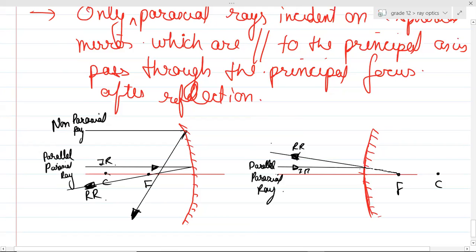What about the non-paraxial rays? Can anyone tell me what will happen to the non-paraxial rays? They will not appear to diverge away from focus. They will appear to diverge from a point here.